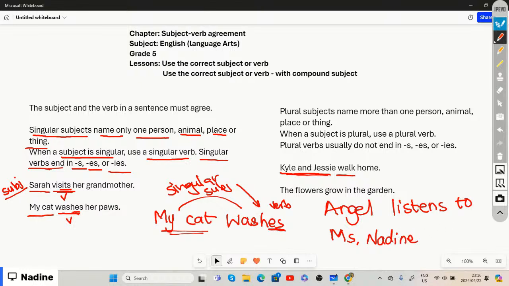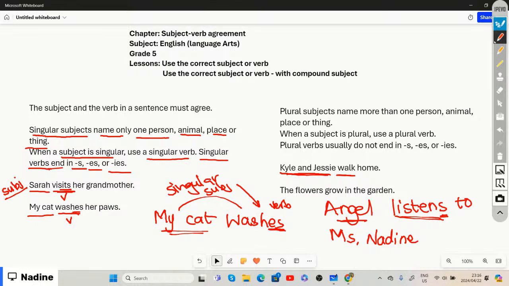So angel refers to one person, which means that angel is singular. And the verb that tells us what angel is doing is listens, and it ends with an s.